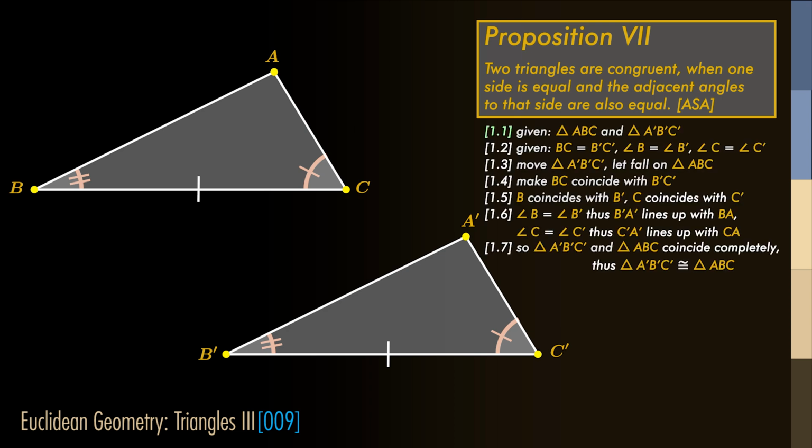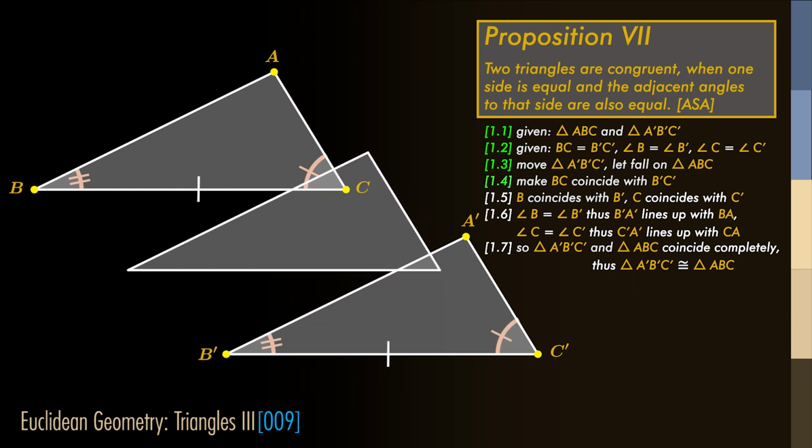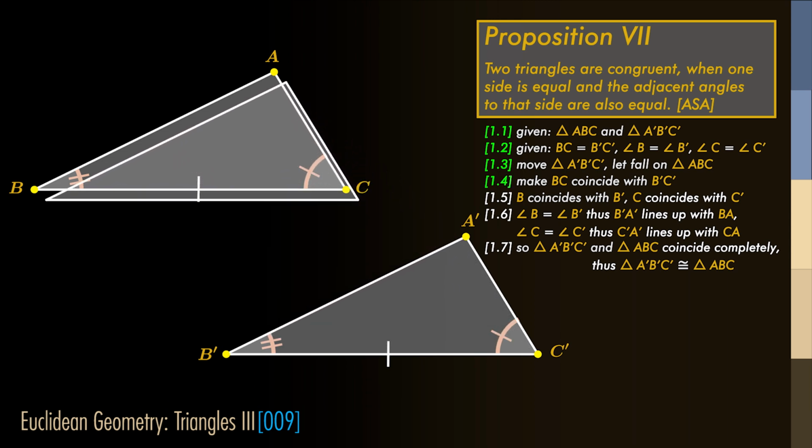We have 2 triangles ABC and A'B'C'. We are given that BC is equal to B'C' and that angle B is equal to angle B' and angle C is equal to angle C'. We need to prove that those 2 triangles are congruent. Again, we make use of the method of moving one of the triangles on the other. We do this in such a way that BC coincides with B'C'.